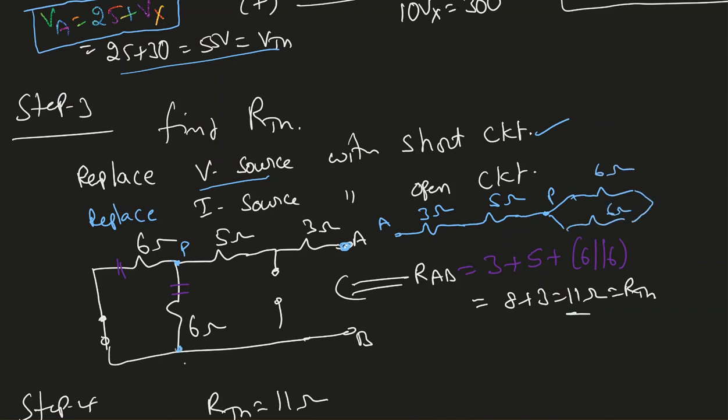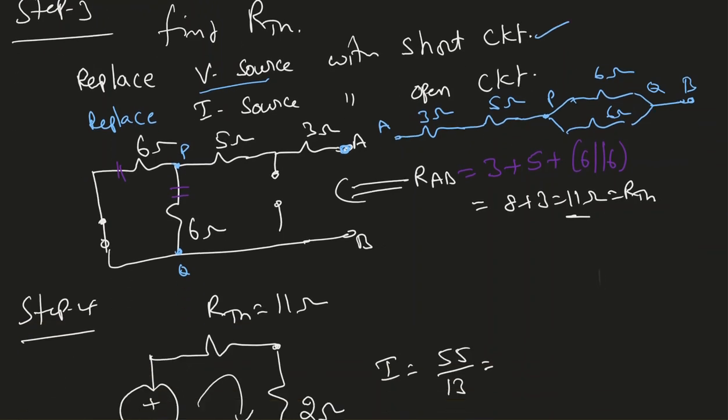Now they're joining at point Q, and Q and B are the same points. So based on this, 3 and 5 are in series. The series combination is also in series with the parallel combination of 6 and 6. So 8 plus 3, I mean, we know that this resistance value is 3 ohm. That value is 11 ohm.